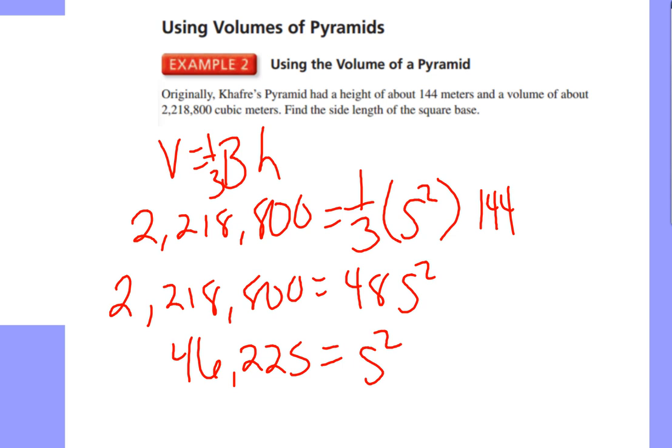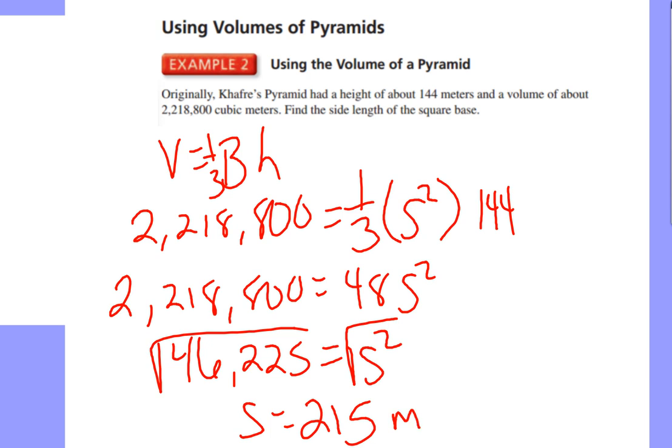If I want to solve for S, the opposite of squaring is to take the square root on both sides. So we take the square root of 46,225, and the square root is 215. We're in meters, so 215 meters.